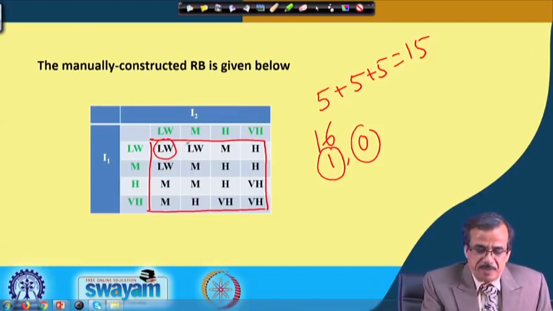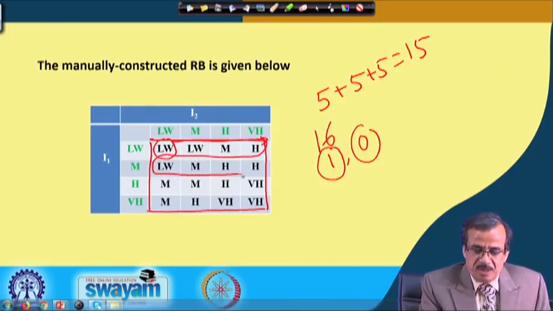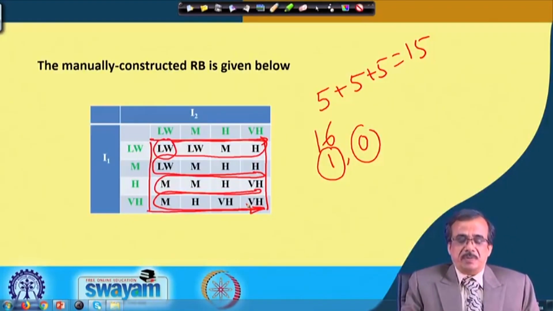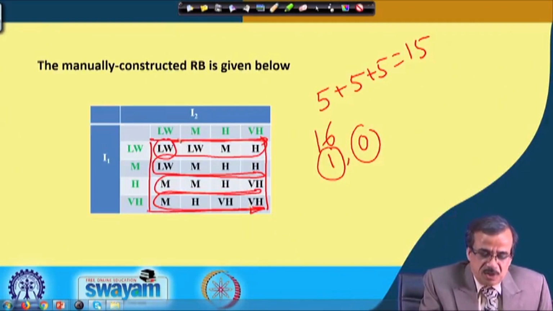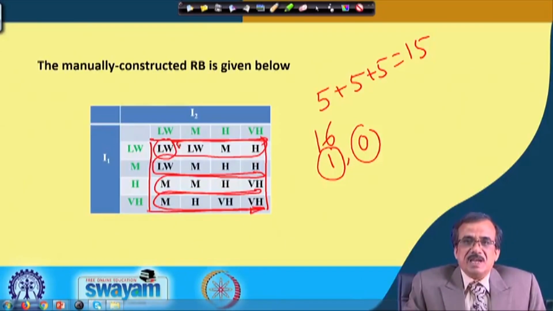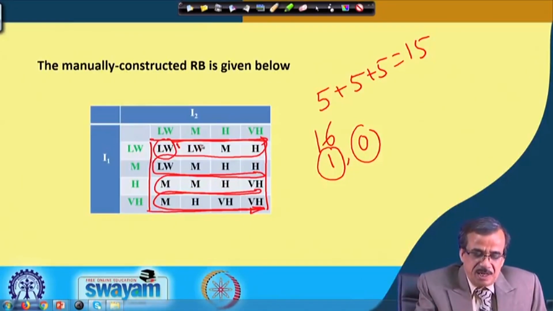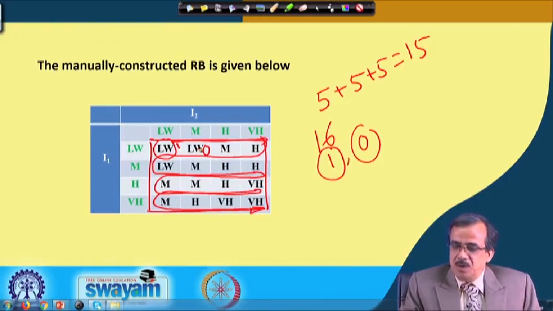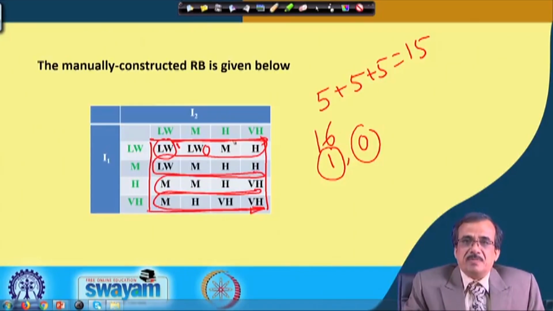Then we just move in this particular direction, next we move in this direction, next we move in this direction, to represent that particular rule. If there is a 1 here, it means that particular rule is present, and if there is a 0 here, it means that particular rule is absent, and so on.